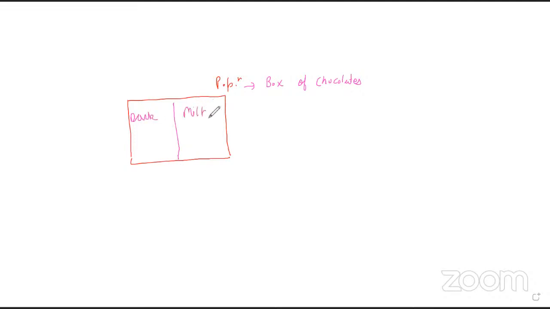Let's say there are small m chocolates over there, and the remaining n minus m over there. Of these 10 chocolates, we are taking a small sample. We are drawing small n elements without replacement, right?